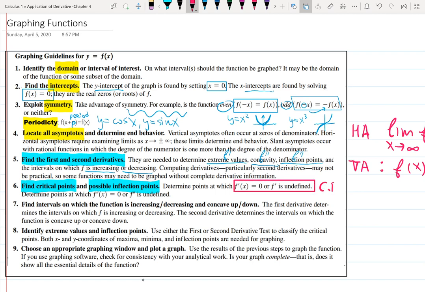That's critical points, CPs. And then the second derivative 0 or DNE might show you inflection points as well. So if the concavity changed, then this point, if it's in the domain, is a point of inflection, POI.